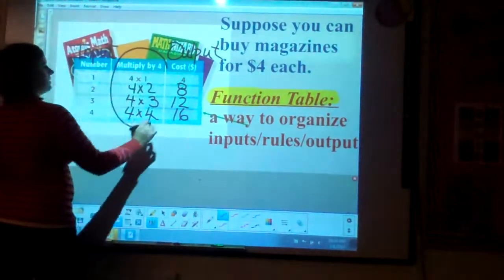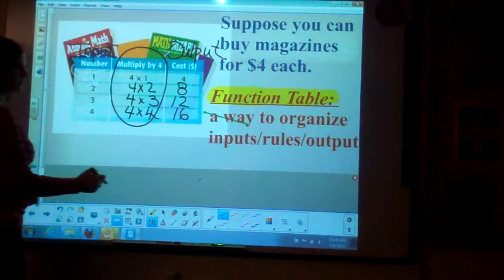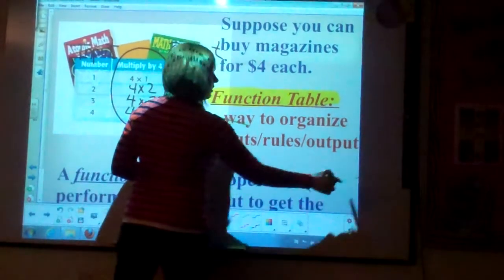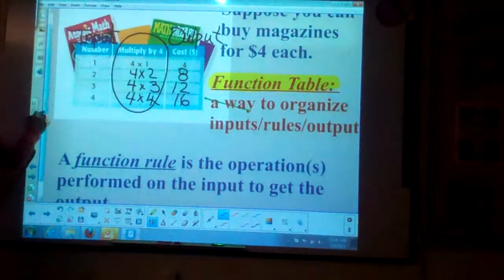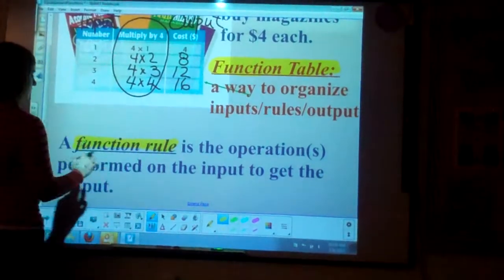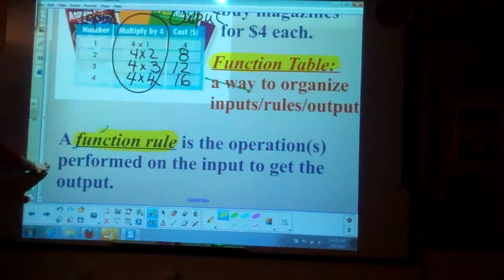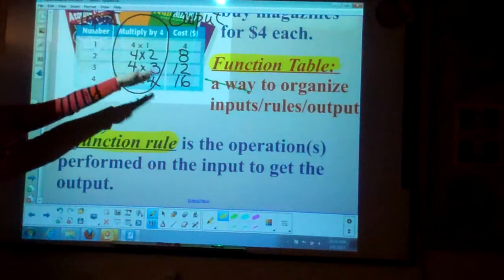And then what do you think this is right here? The rule. It's how you go from the input to the output. So a function rule is the operation or the operations performed on the input to get the output.